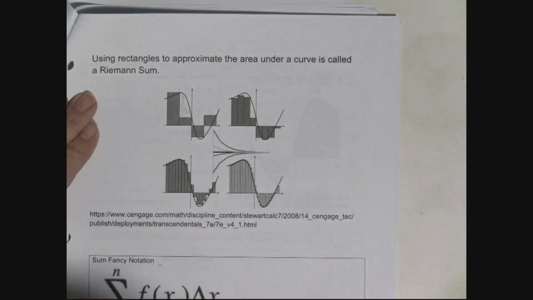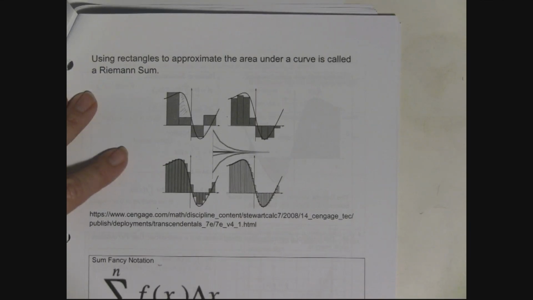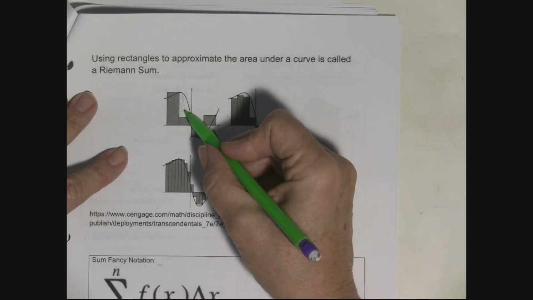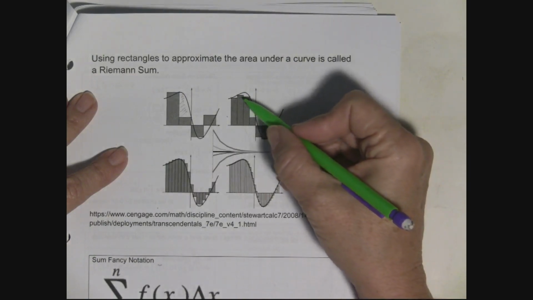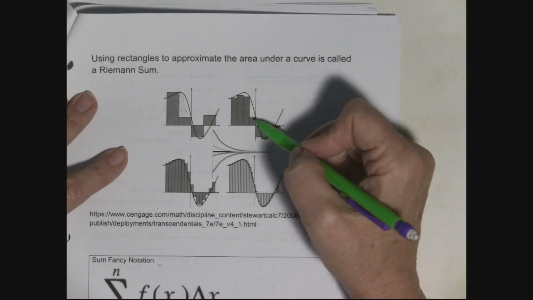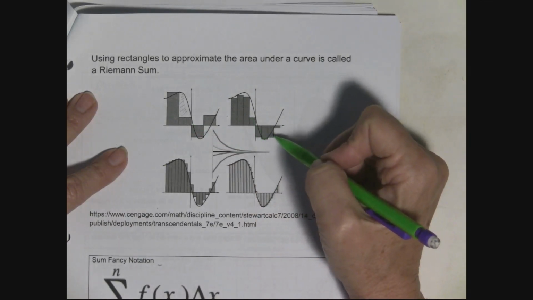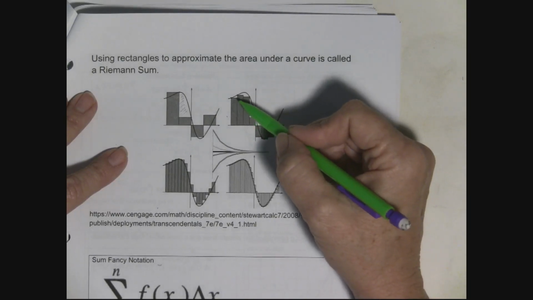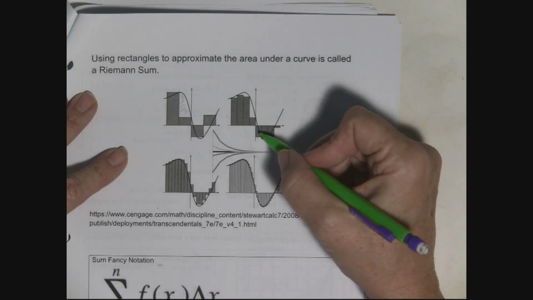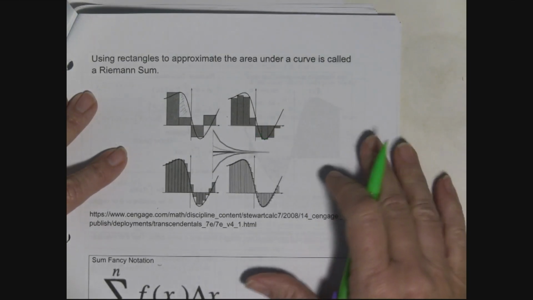And so here they have 4 rectangles, and you can really see that there's a lot of space under the curve that was not counted. By using more rectangles, this looks like 4, 5, 6, 7, 8 rectangles, you can see that it's way better as far as hitting the area, and these are counting as negative again under the curve down there.